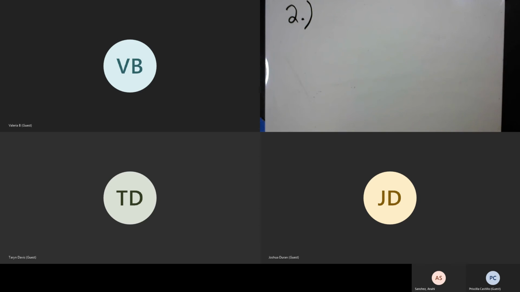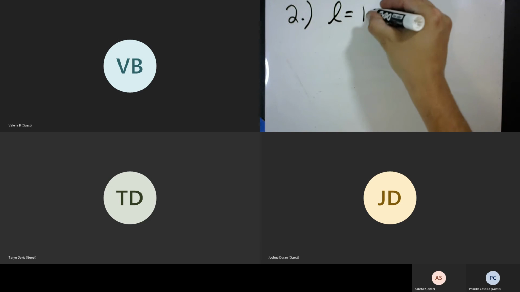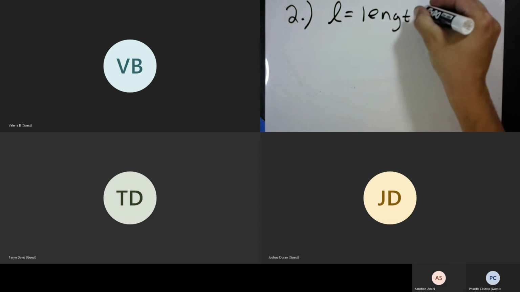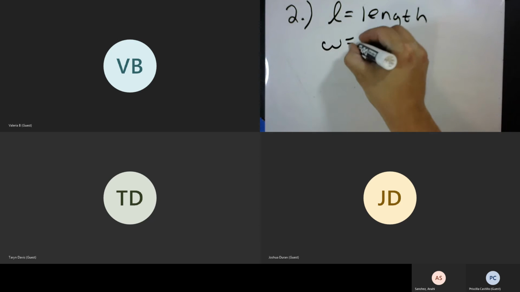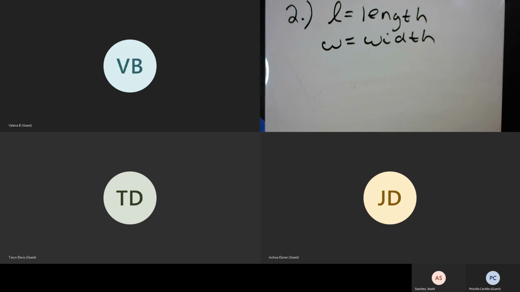Now let's look for some expressions. Well, is there anything that depends on L, the length, and W, the width? Well, oddly enough, they depend on each other.